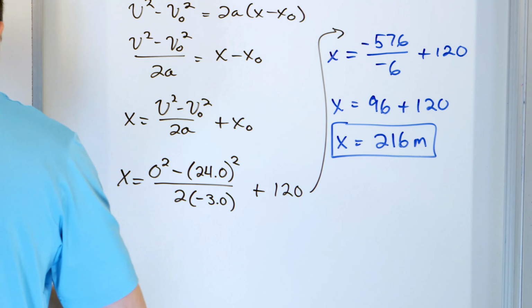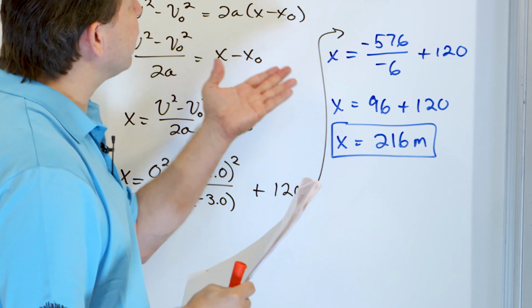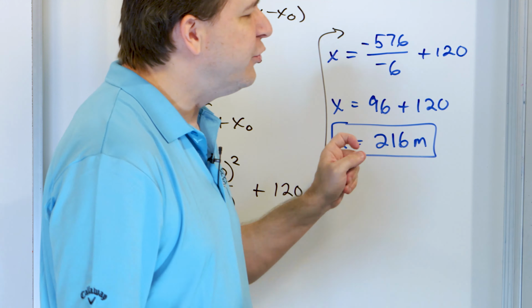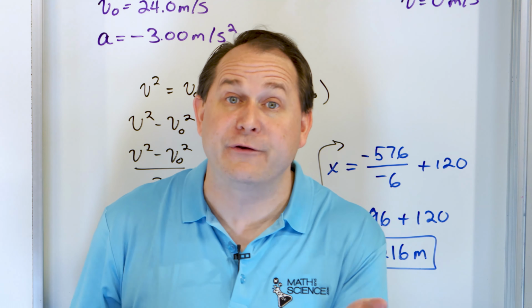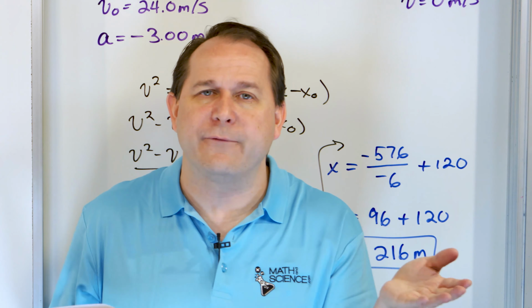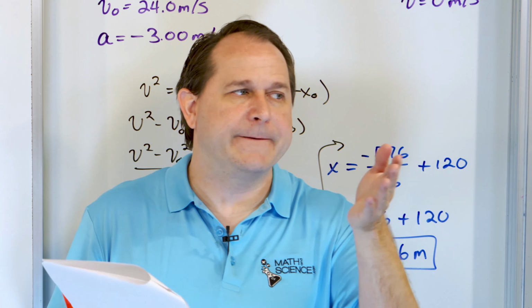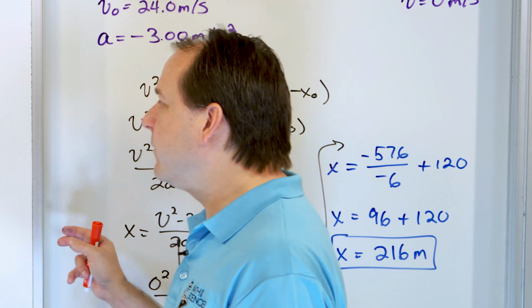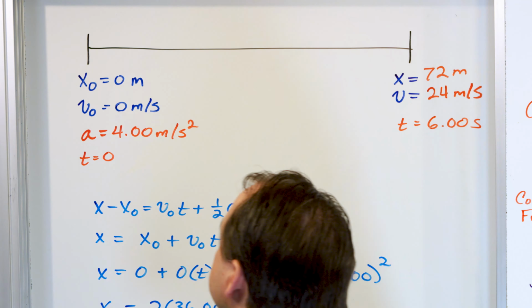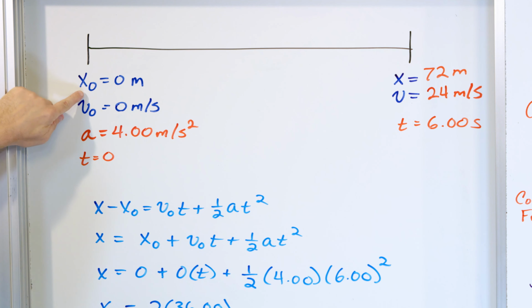Right? So what I figured out is at the end of region 3, I have an x coordinate for this car of 216 meters, and that is in reference to the origin. The x coordinate is always referenced as a coordinate relative to the origin of your coordinate system. And the origin of our coordinate system is 0, and that's where we started our problem, where x naught was 0.